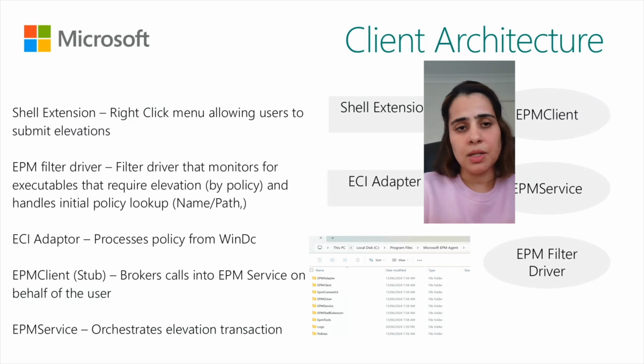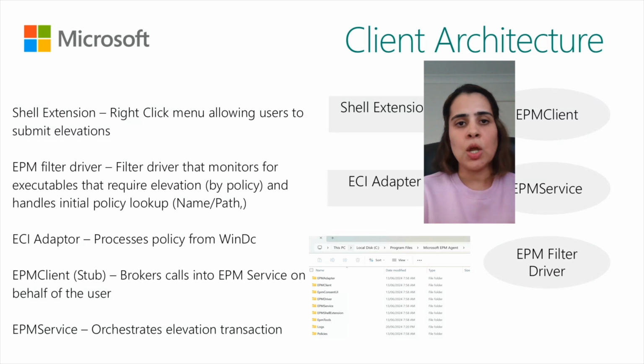But there are multiple subcomponents that are required for the EPM service to work the way it is supposed to work. The first one is the shell extension, which is what is required for us to trigger the auto elevation or the elevation in EPM.